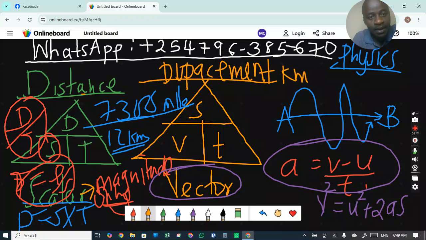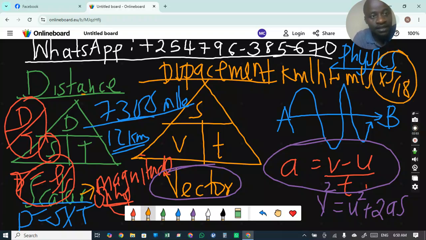Changing kilometers per hour to meters per second, we multiply by 5 all over 18. This is not guesswork. Remember, we are converting kilometers to meters. We know very well that 1 kilometer is 1,000 meters.